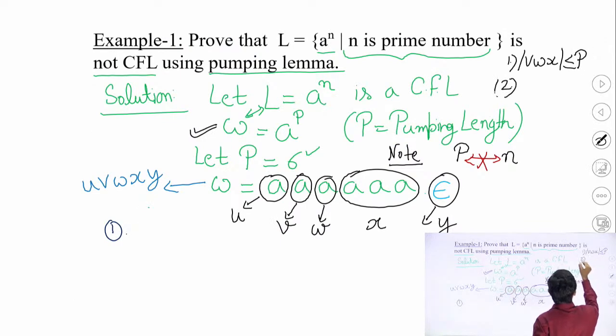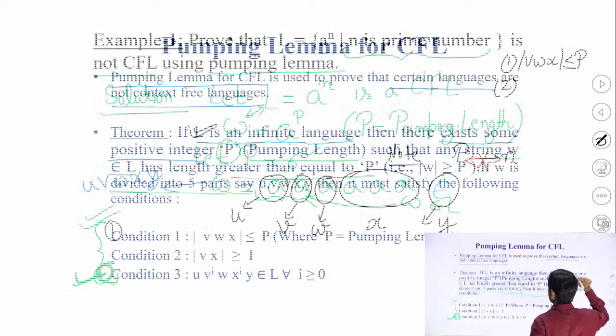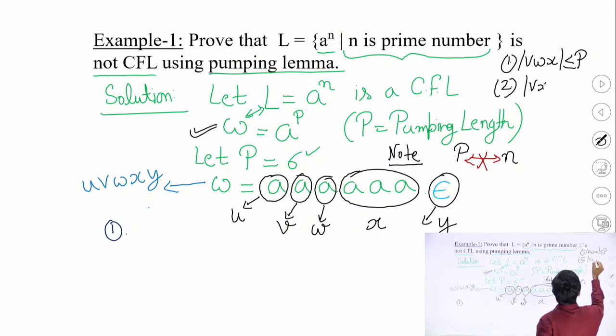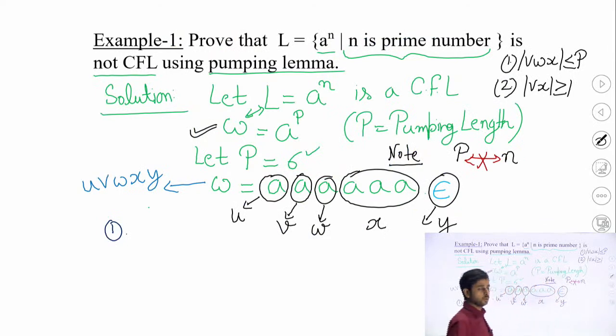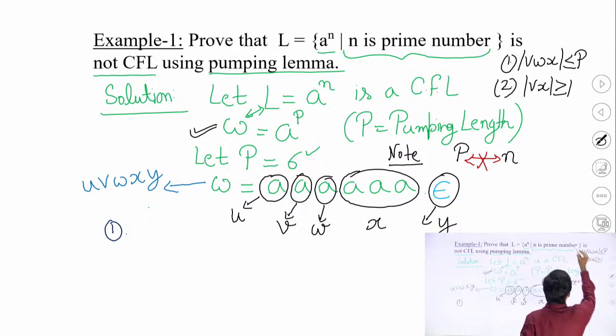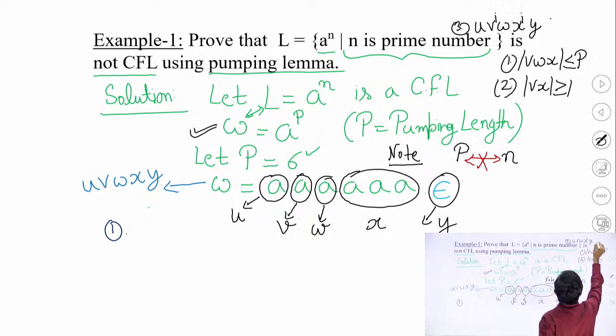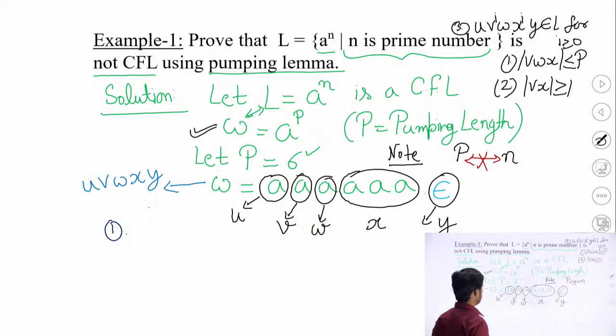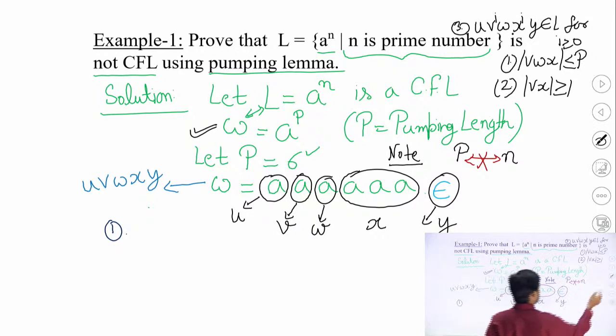Second condition is, the length of vx is greater than or equal to 1. And third condition is, u v raised to power i, w, x raised to power i, y belongs to L for all i greater than or equal to 0. These are the 3 conditions. So let's check one by one.